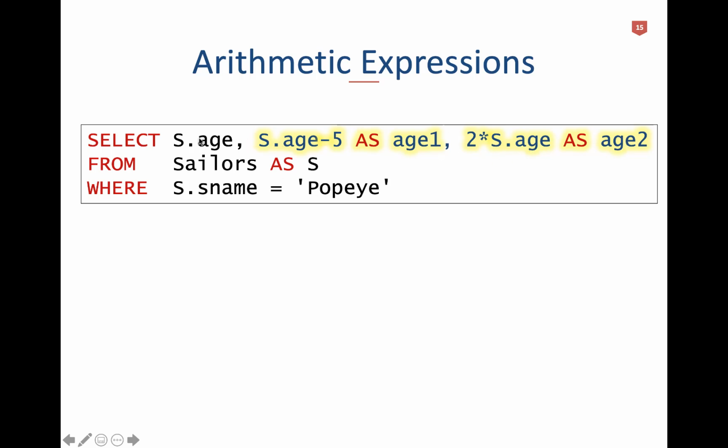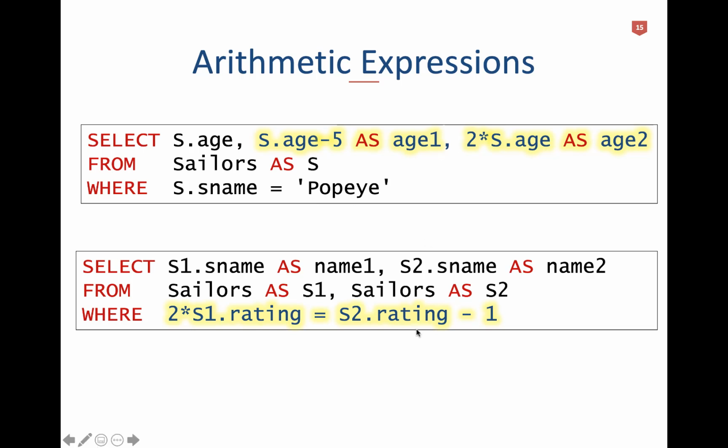We're always looking at the sailors because it is the table that has the age field, where s.name equals Popeye, so it only shows one row, with the column titles age1 and age2, and it's going to be Popeye's.